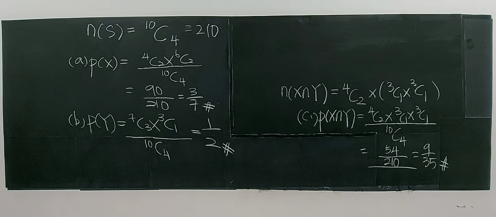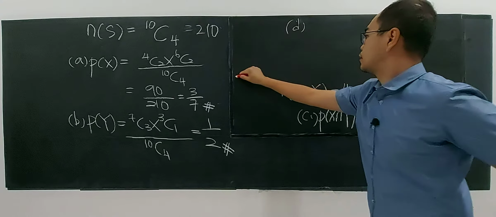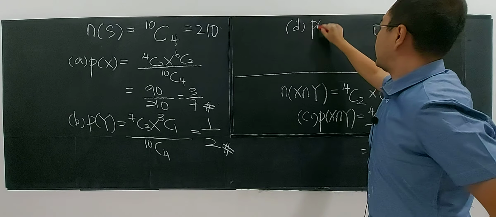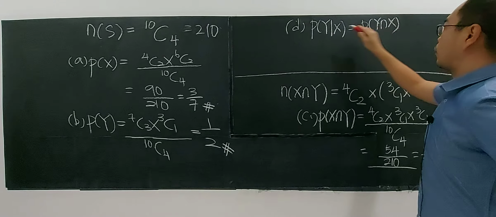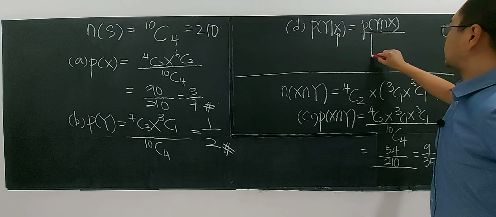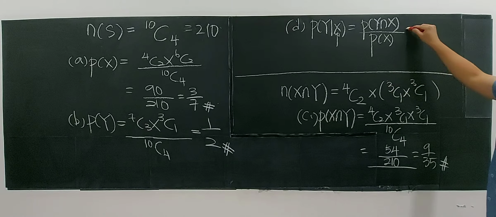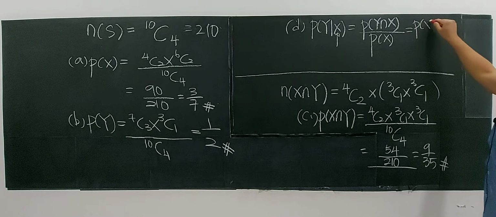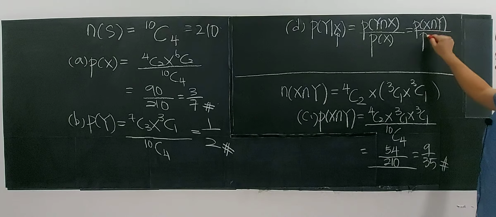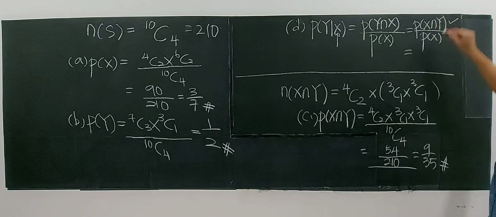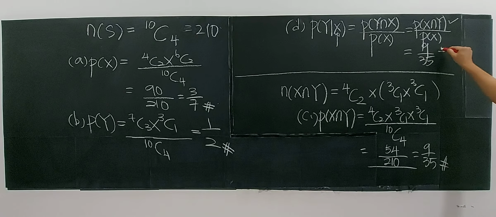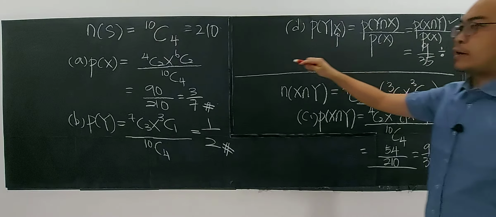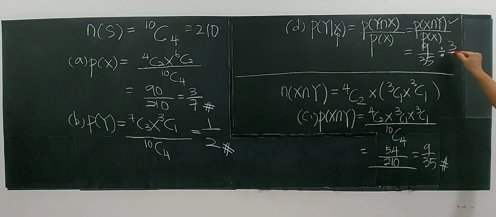The probability of Y given X can be written as Y intersecting X divided by the probability of X, and Y intersecting X is the same as X intersecting Y. You already know the probability of X intersecting Y is 9/35, and the probability of X is 3/7.